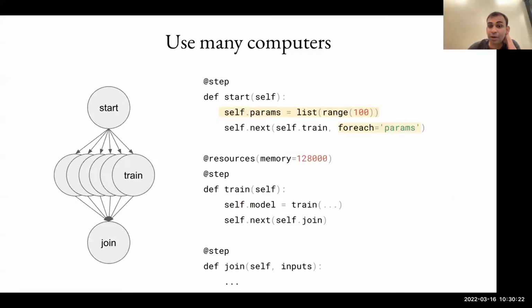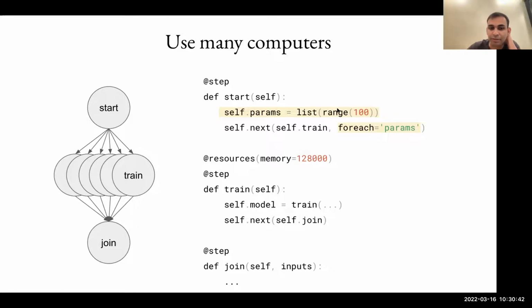And we allow you to do that very trivially using this notion of self.next, where you define your next stage transition. So you can also pass in a list. In this particular scenario, I'm trying to train a model over this list of parameters, which has, let's say, 100 elements.